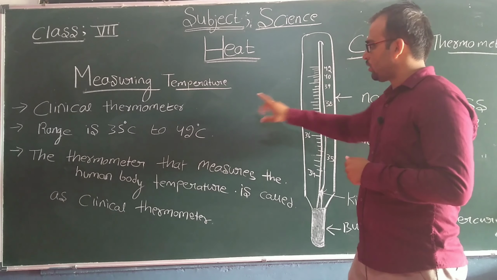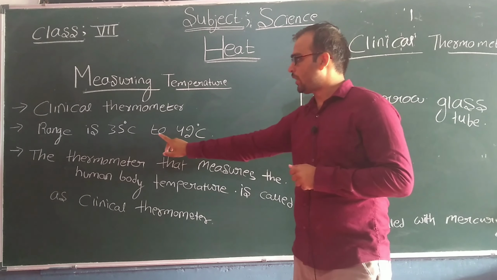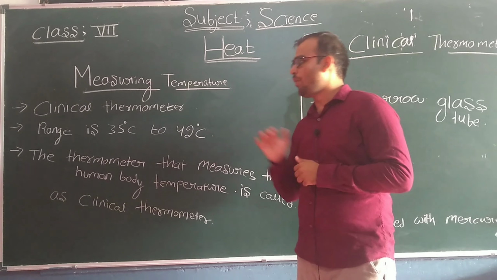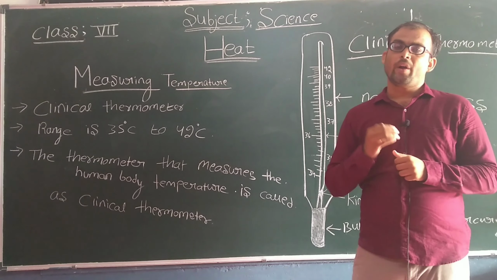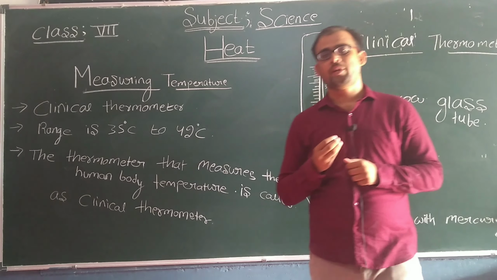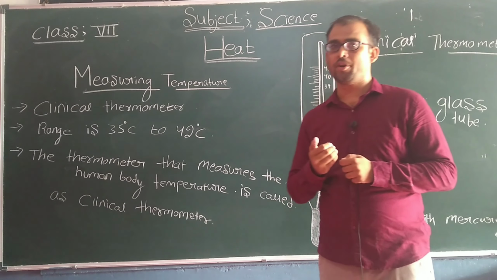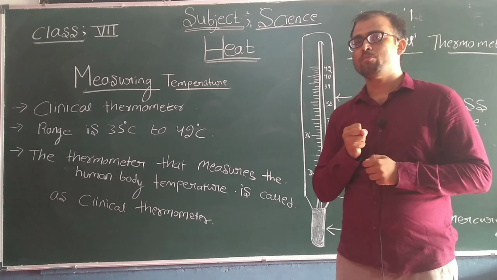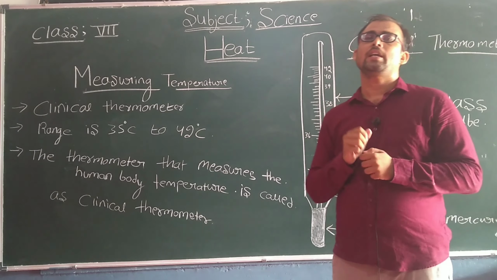The range of the clinical thermometer is 35 degrees Celsius to 42 degrees Celsius. Why is it so? The clinical thermometer is used to measure the human body temperature. The average temperature of a human body is 37 degrees Celsius.